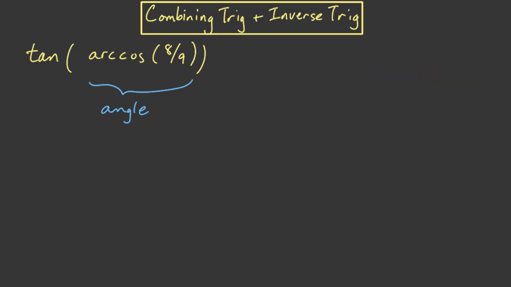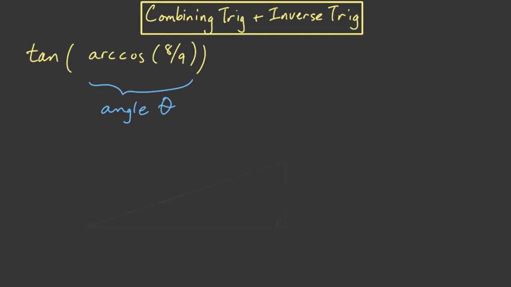That does make sense. Anyways, this arc cosine of 8/9, it's some angle theta, and I don't know what this theta is numerically, but I can draw theta. Theta is supposed to be the angle between 0 and pi that has a cosine of 8/9, and the cosine is supposed to be the adjacent leg over the hypotenuse.